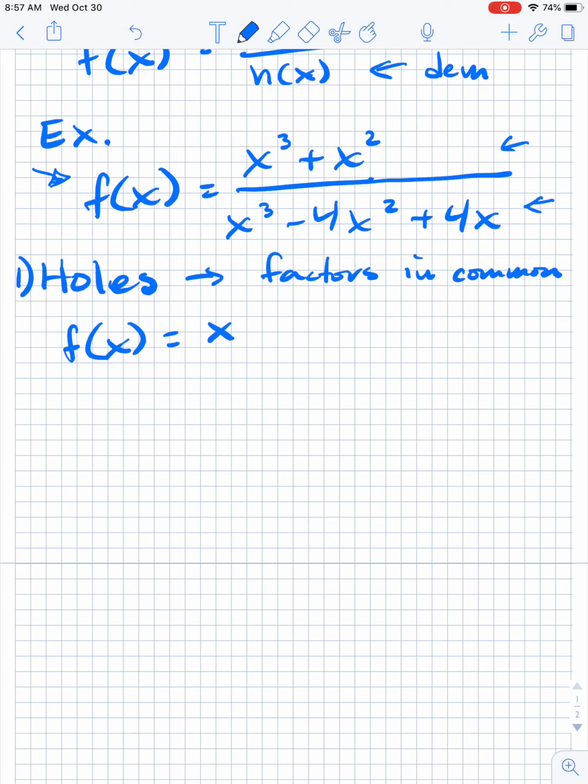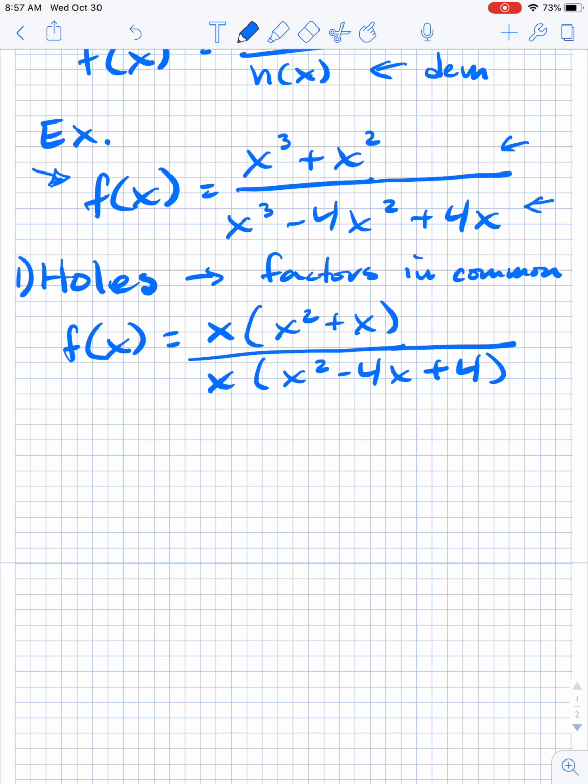Okay, so when I factor this out, I can factor an x out of the top. I know that I can factor out x squared out of the top, but I can't factor out x squared from the bottom, from the denominator, so I'm only going to factor out 1x because that's what they have in common. So I can factor out an x, and I'm left with x squared plus x over, and I'm factoring out an x from the denominator, and I end up with, inside the parentheses, x squared minus 4x plus 4. Okay, so what they have in common is x.